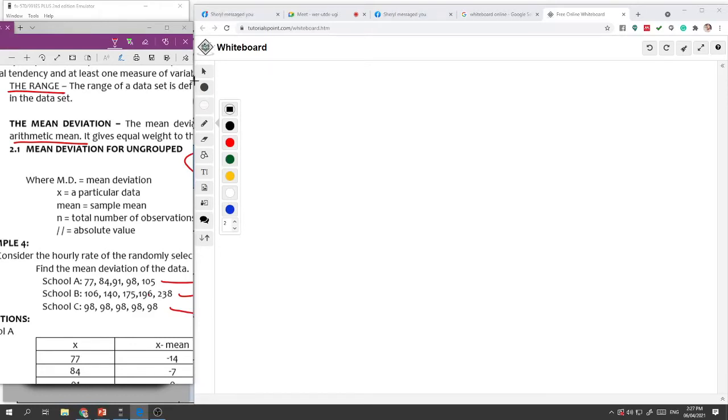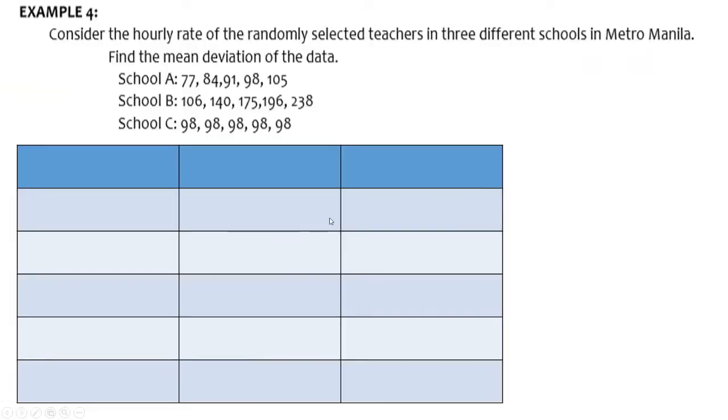Now to solve the mean deviation, you need to make a table here. Let's have a table. What happened here? Why is this not drawing? It doesn't function. Okay, let's just use my PowerPoint presentation. I prepared something here.